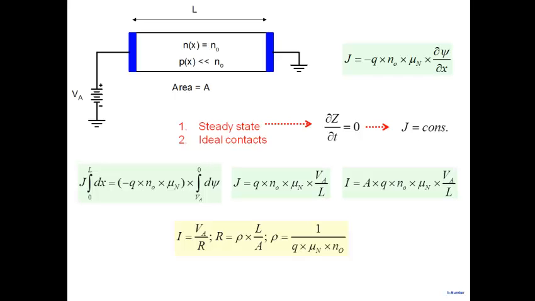Conductivity is 1 over resistivity, so conductivity is Q mu n times N0 here.